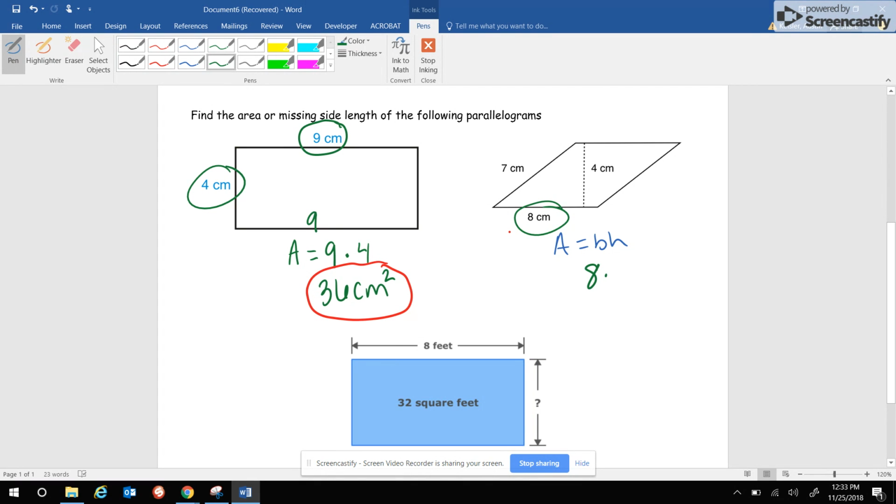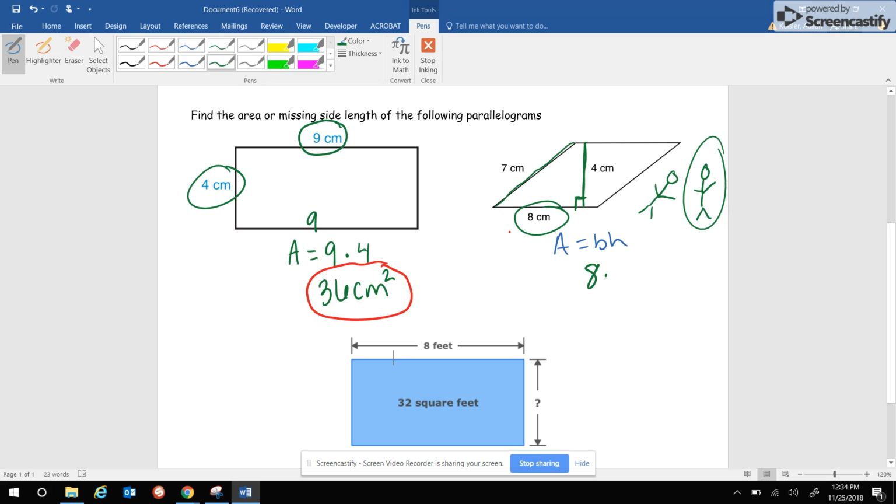But the height gets a little tricky because I have this line right here, and I also have this 7 over here. The best way to explain this: when you go to the doctor and they measure your height, you stand straight up and down like that. You don't lean up against the wall. You stand straight up and down. So our height is always going to make a right angle.